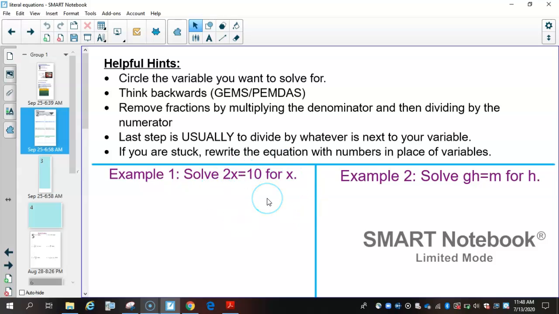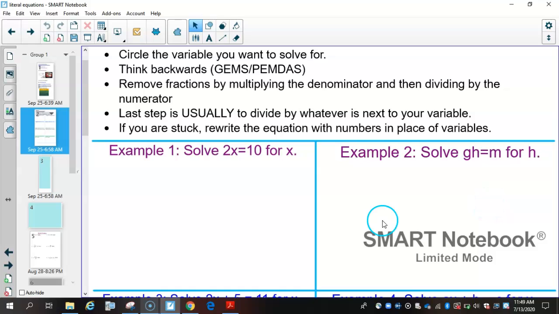In one example, we'll be solving for the variable and we'll get a numerical answer, and in the other example, we'll be solving the literal equation and we won't get a numerical answer. It will look confusing, like we need to do more or we don't know more about the problem, and that's what it's going to end up looking like.